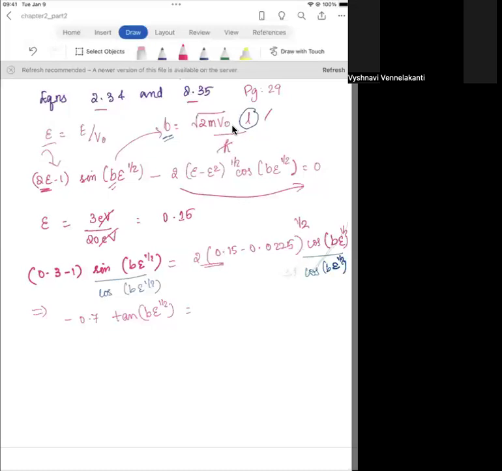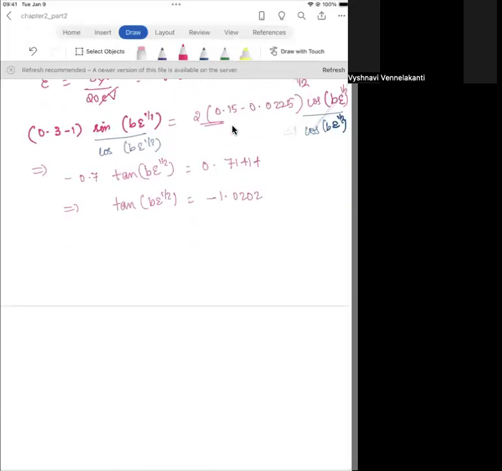So let me compute this value. 0.15 minus 0.0225, we're going to take a square root of that and multiply it by 2. That'll give us 0.71414. So tan of this is going to be negative 1.0202.